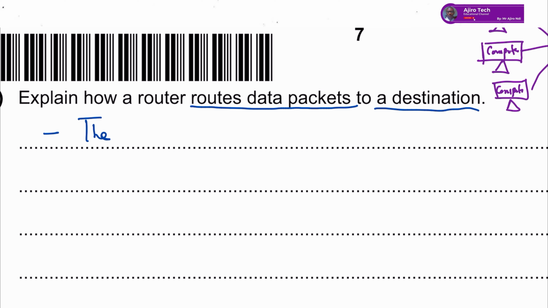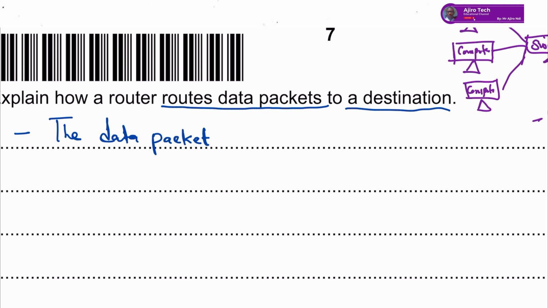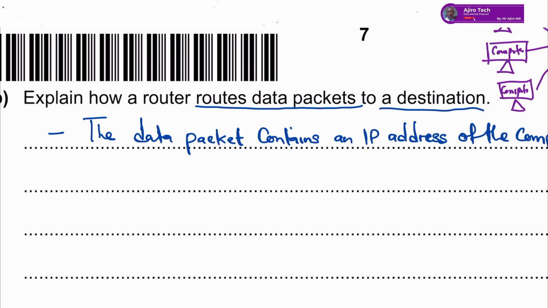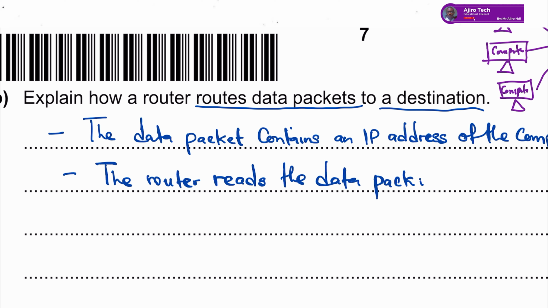So what happens is the data packet, trying to summarize here, contains an IP address of the computer. The router reads the data packet.